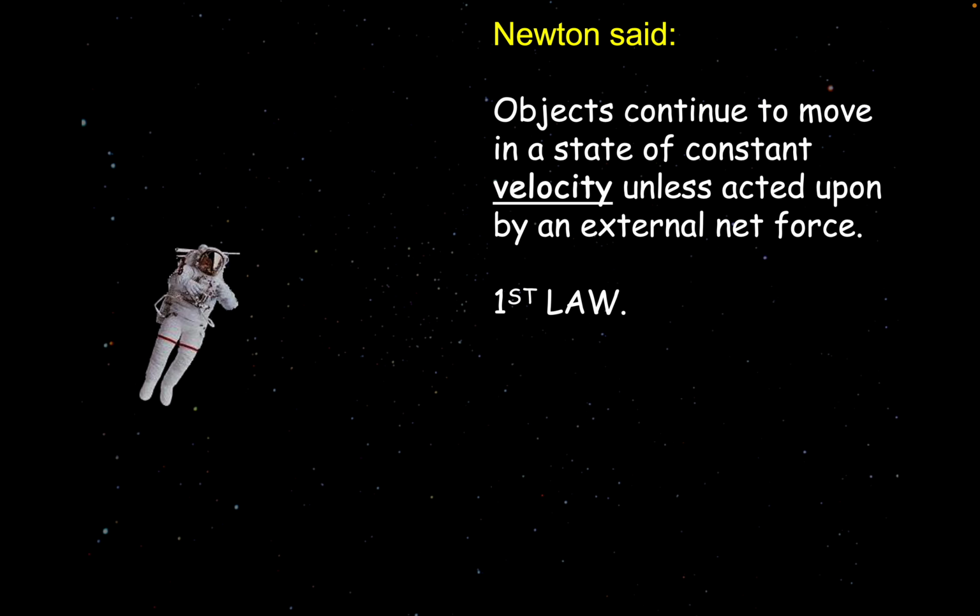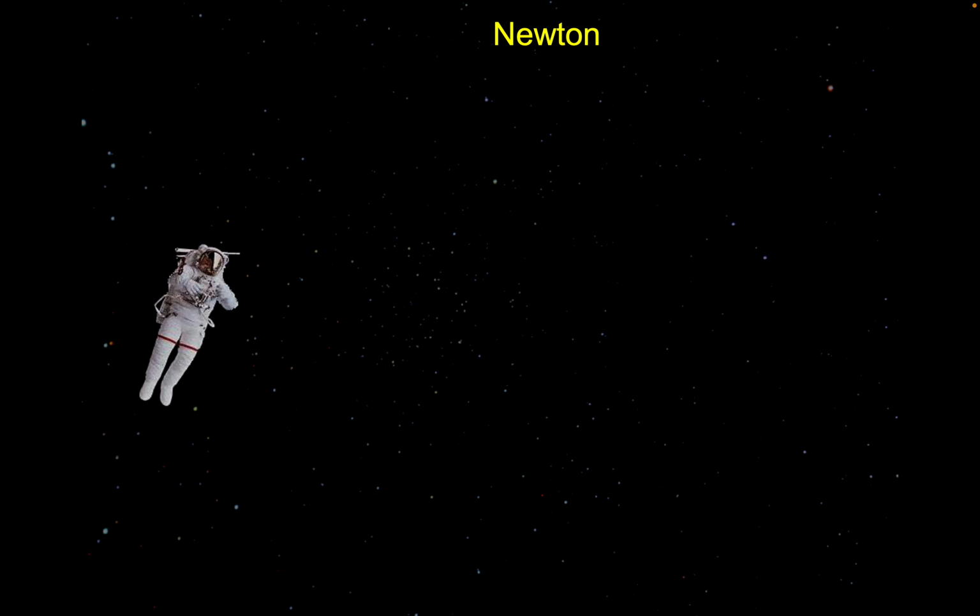If it approaches another planet, or goes close to another gravitational attraction force, it will then change its velocity, accelerating in the direction of the unbalanced force, also called the resultant force. So that's Newton's first law. Okay, acceleration is 0 in Newton's first law.